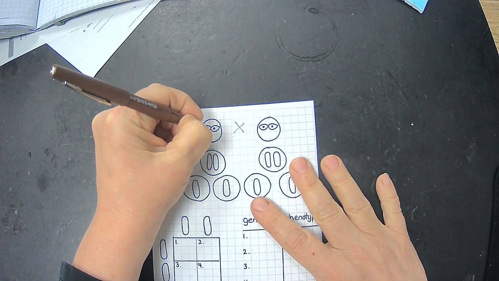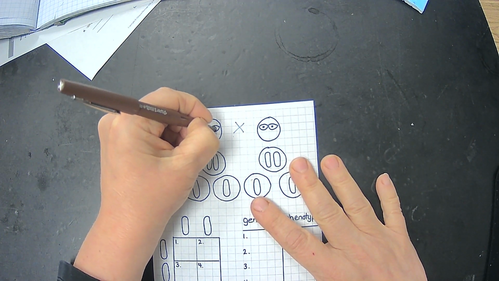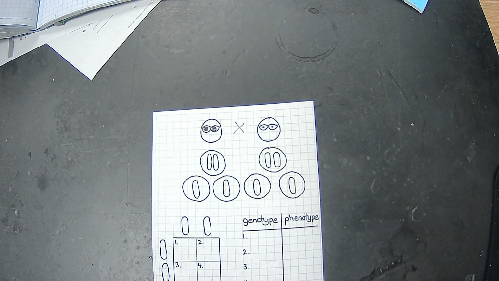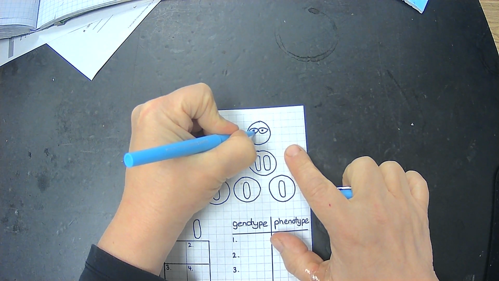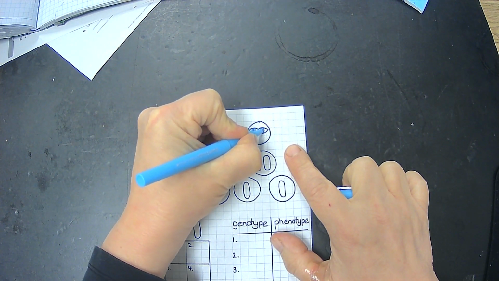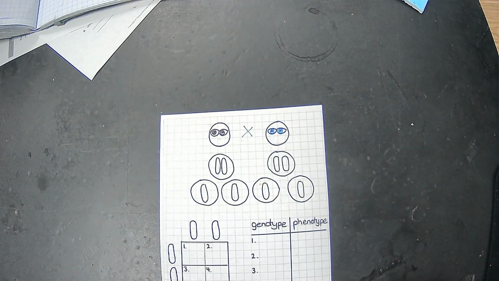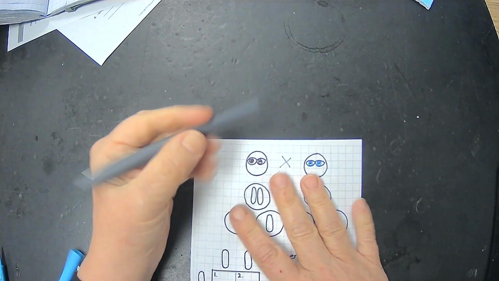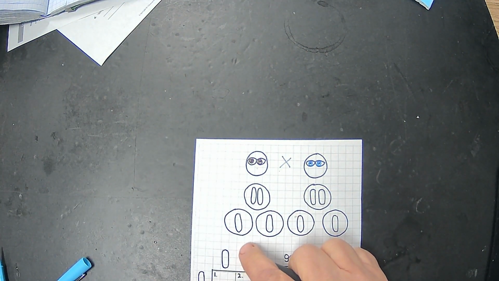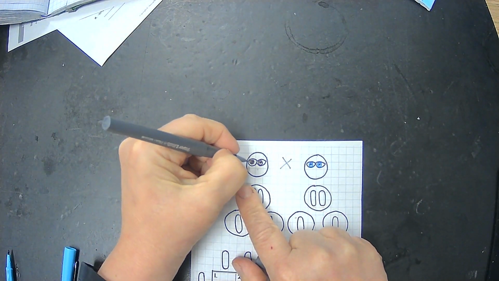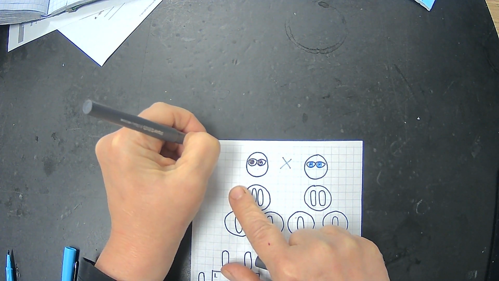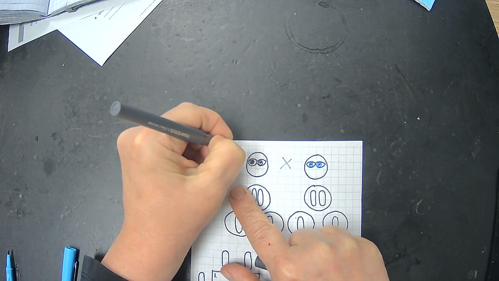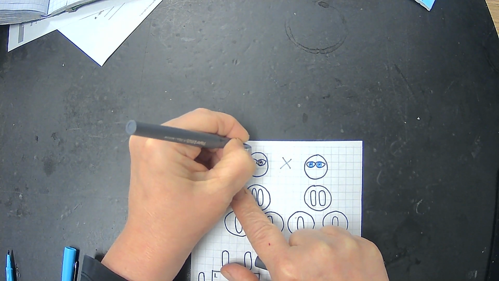And this person has brown eyes. Oh, it doesn't show up too well. And the other person has blue eyes. Now, I'm going to give you a term here. This brown-eyed person inherited the same characteristic from each parent. So they are homozygous, H-O-M-O-Z-Y-G-O-U-S.